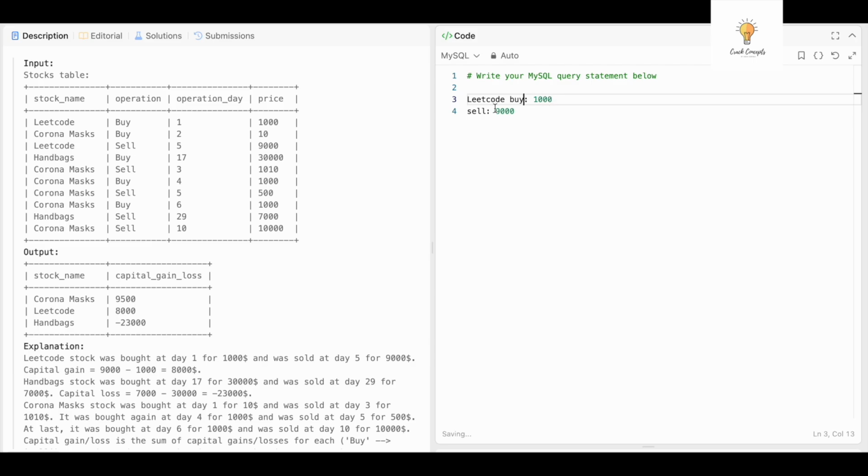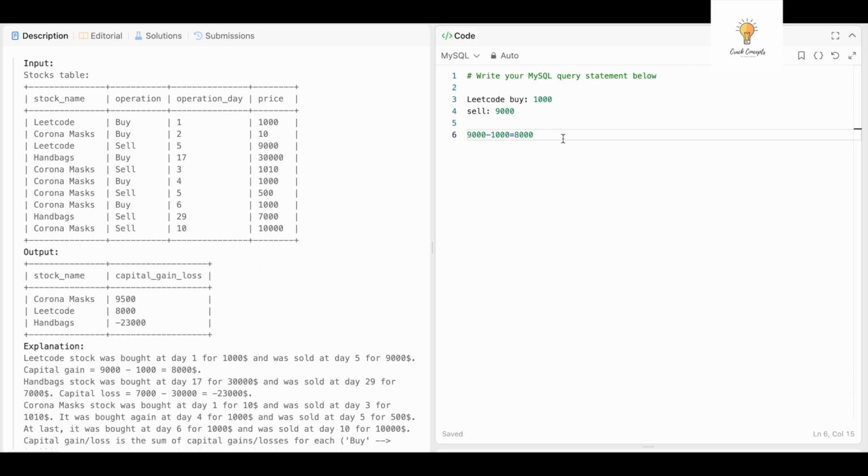It was bought at 1000 and it was sold at 9000, which means we have a gain over here, which would be 9000 minus 1000, which is 8000.